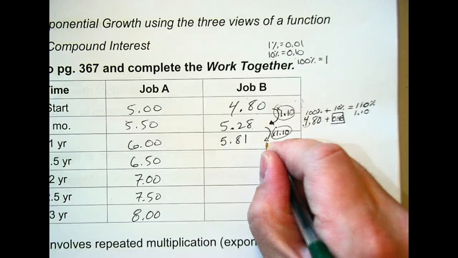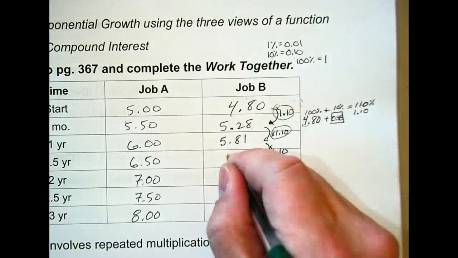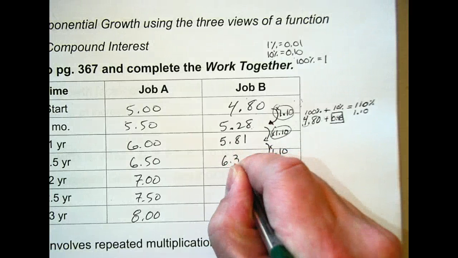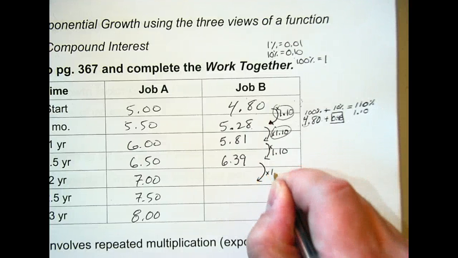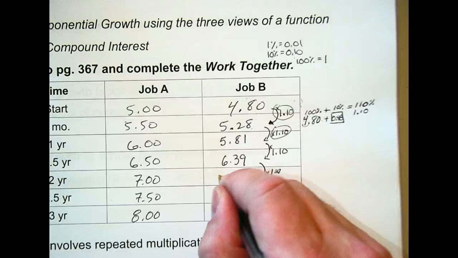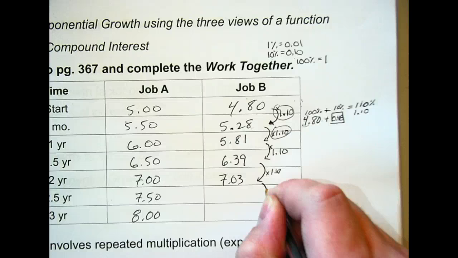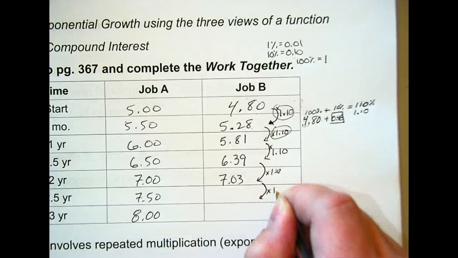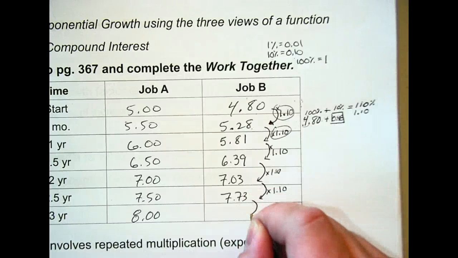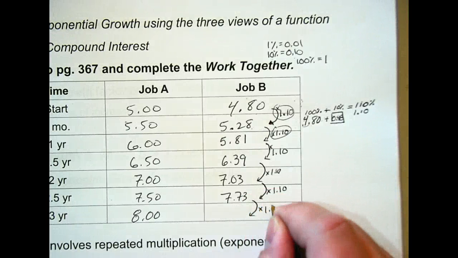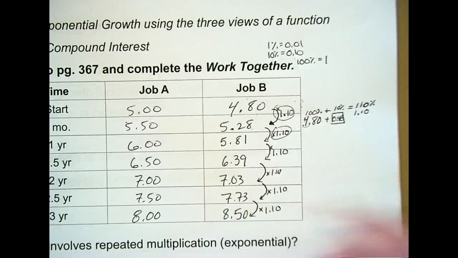And then we multiply that by 1.1 to get 6.39. Then 7.03. Then 7.73. And then $8.50. Now I'm hoping everyone's seconding this because I'm in pen. I should be in pencil here. $8 and 50 cents. We good?